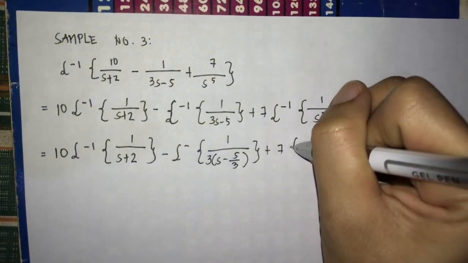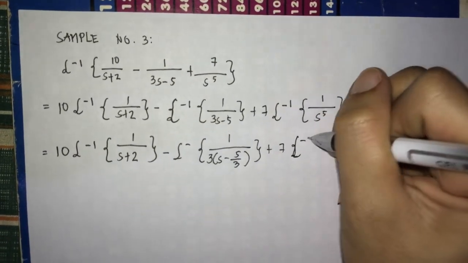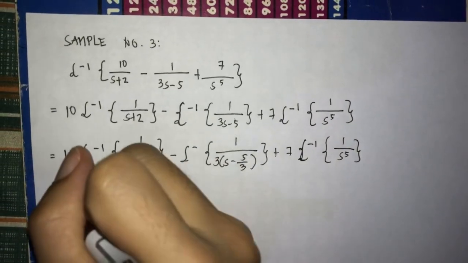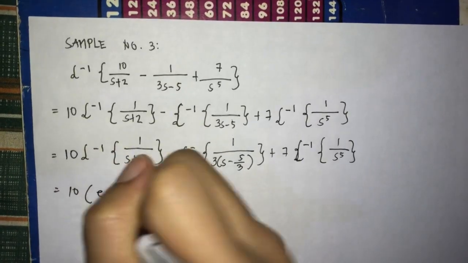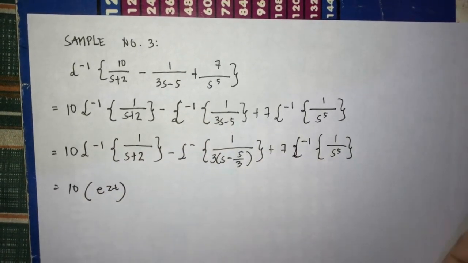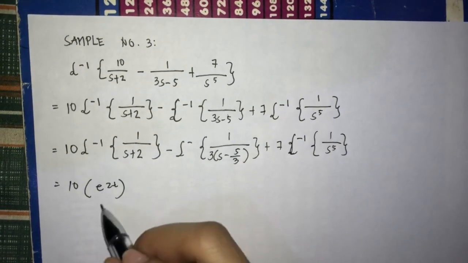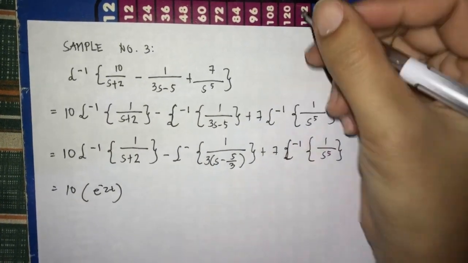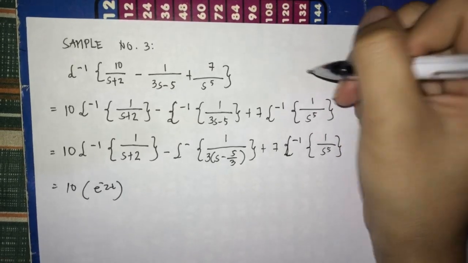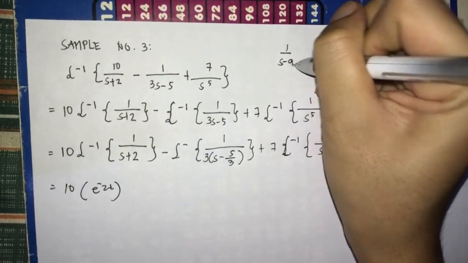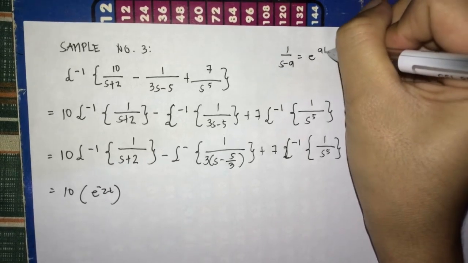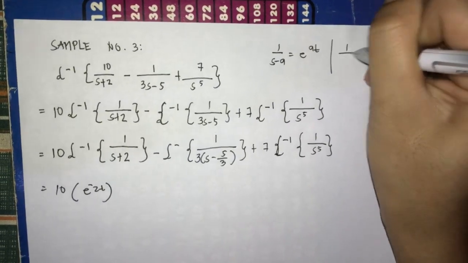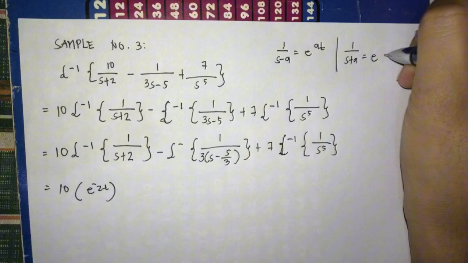Plus 7 times the inverse Laplace of 1 over s raised to 5. Then 10e raised to negative 2t, since this is positive here. As we can recall, 1 over s minus a becomes e raised to at. If it is positive, 1 over s plus a, it becomes e raised to negative at.